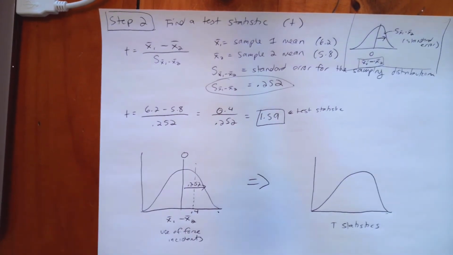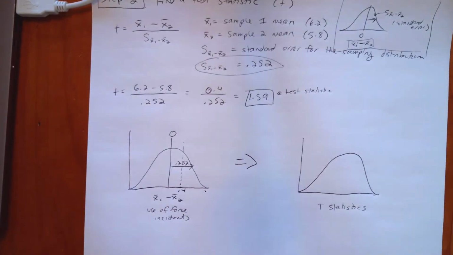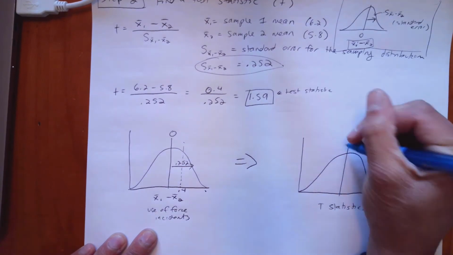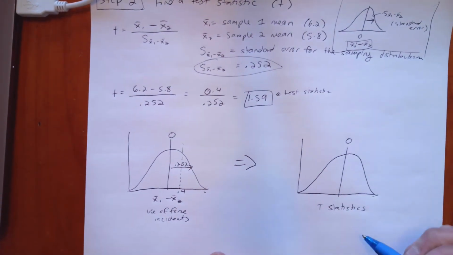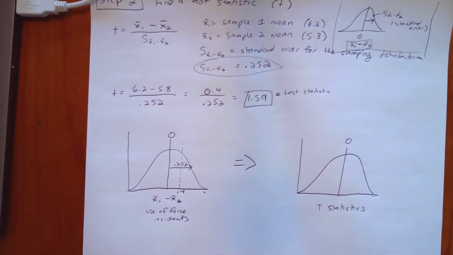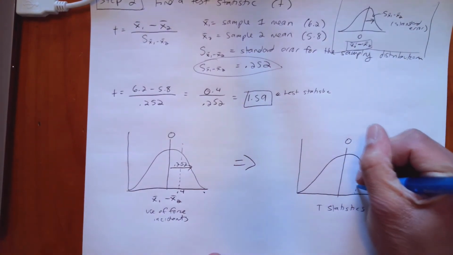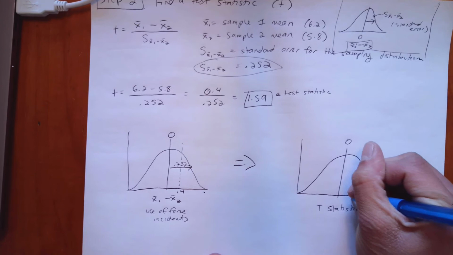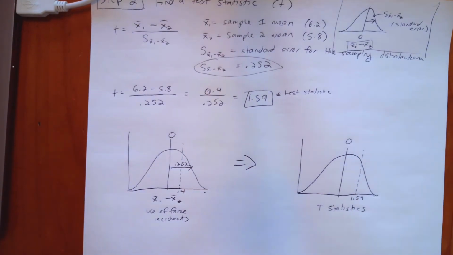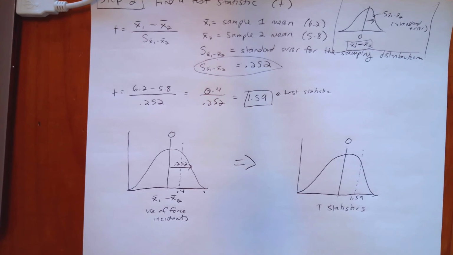So it's like going from feet to inches, as we've done many, many times now, where we go from the units that we're measuring things in our sample to some standardized distribution. And our t-statistic that we calculated is 1.59. So we've got our standardized distribution. It's all in t-statistics now.